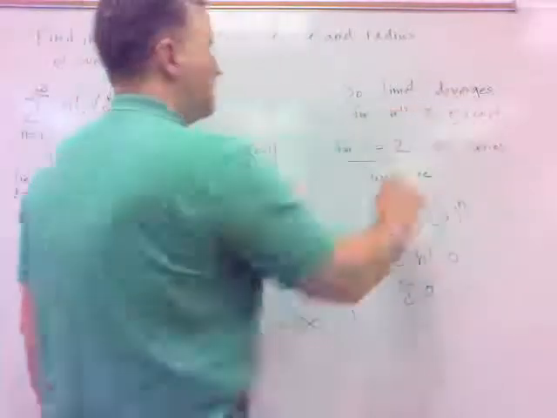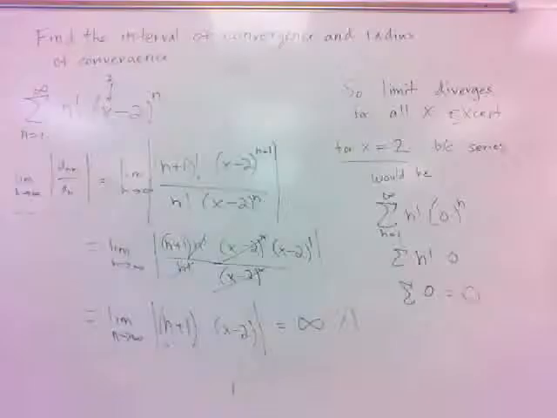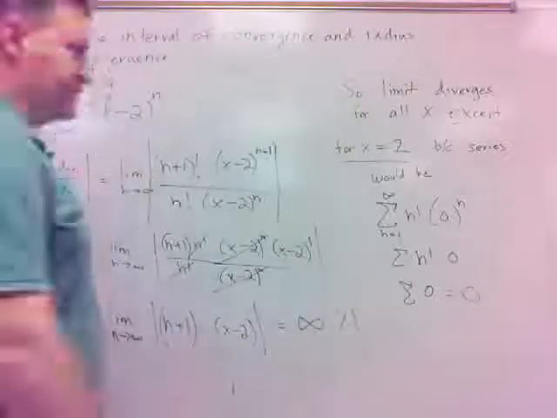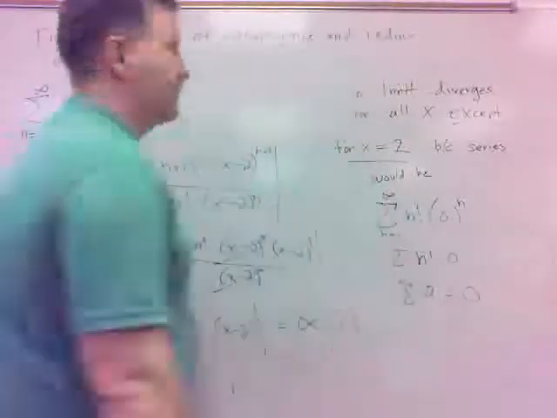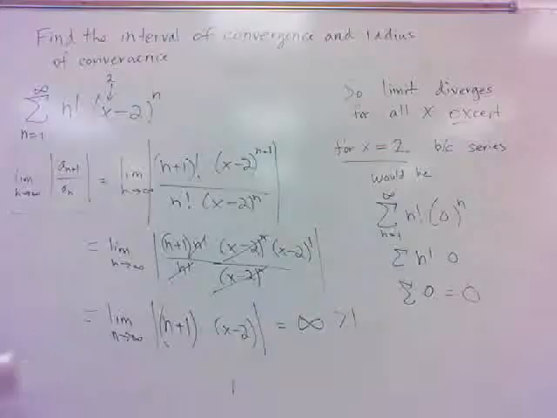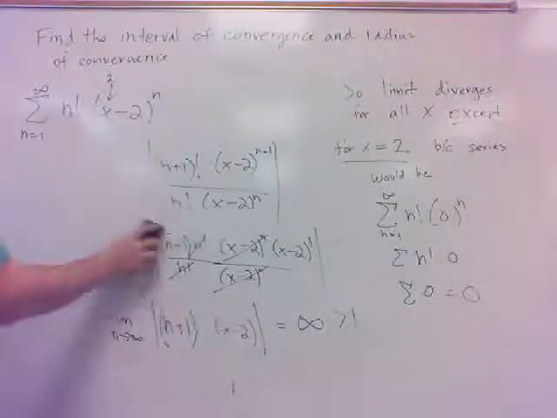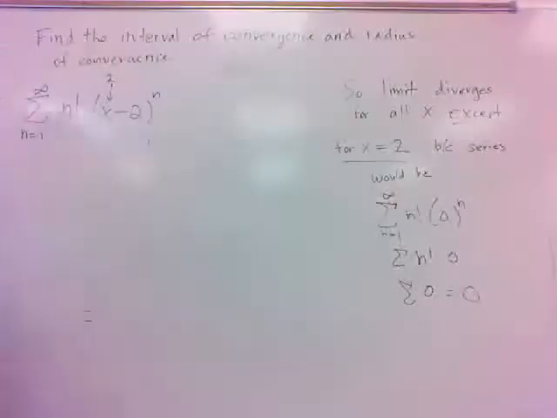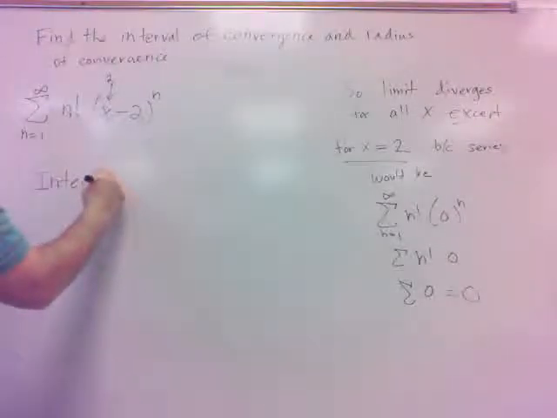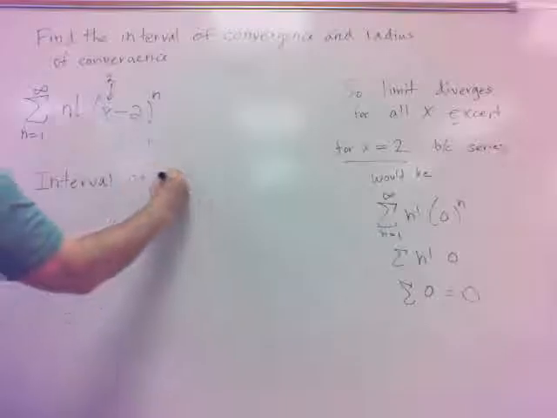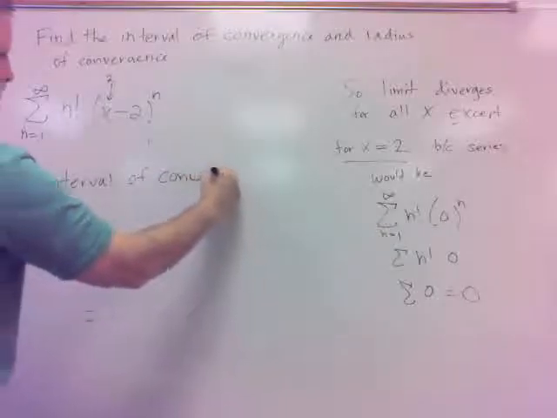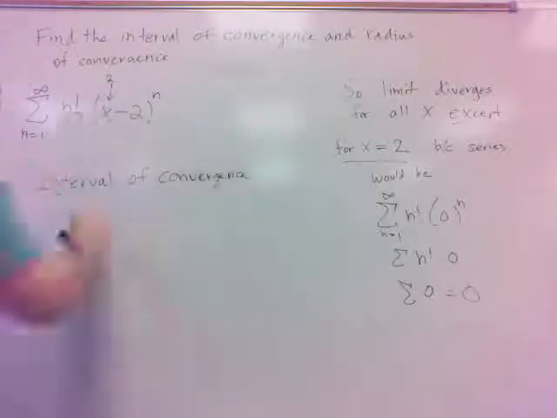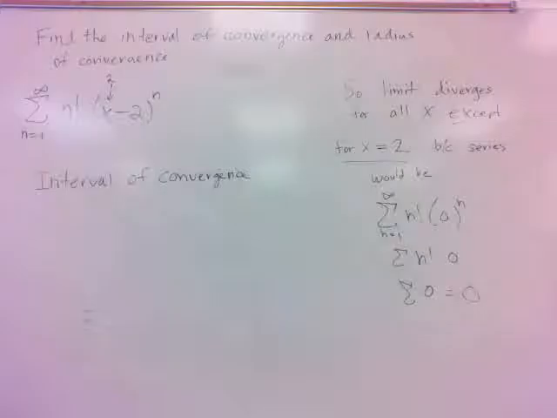So what is the interval of convergence here? Well, it diverges everywhere except 2. It's not an interval, it's kind of a misnomer there. It just converges at one number, 2.